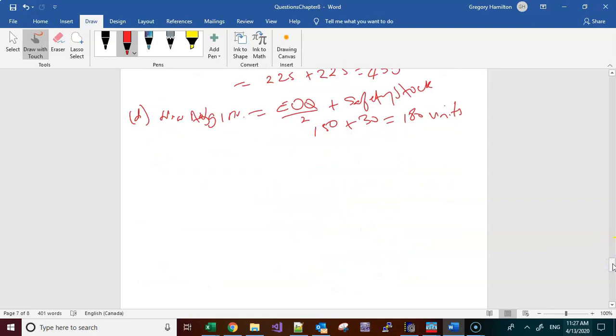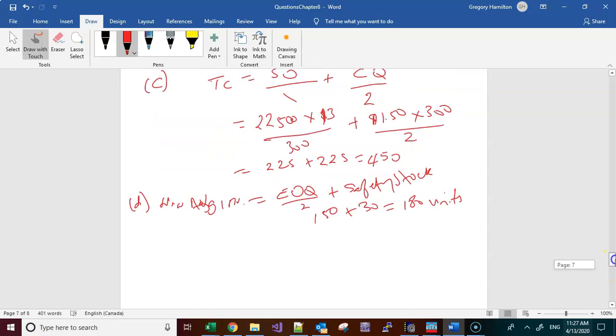So that is our safety stock plus our new average inventory. Let's write that so that everyone can see clearly what we are writing. New average inventory.